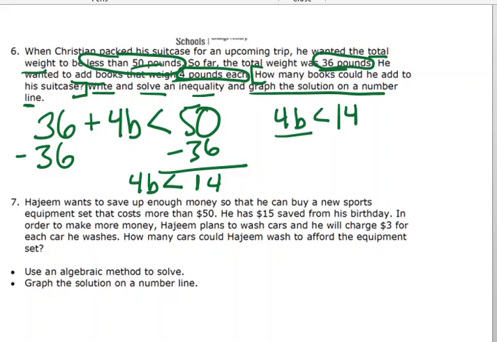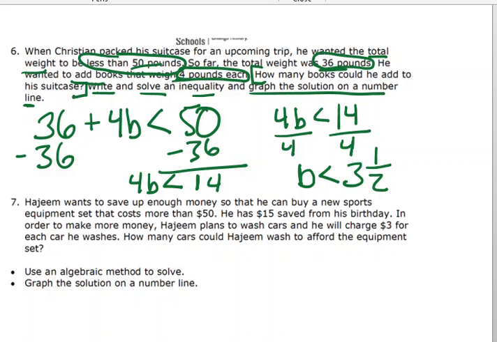If I divide both sides by 4, I'm left with B is less than, and then let's see, it would be 3.5, right? 3 1/2. We know he's not going to take 1/2 of a book. So the maximum number of books that he can add to his suitcase is 3.